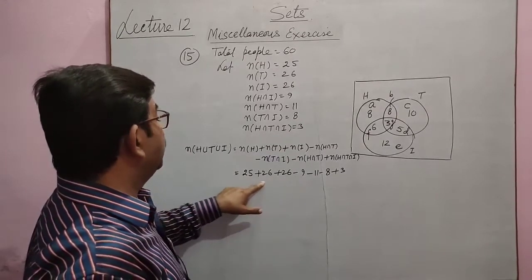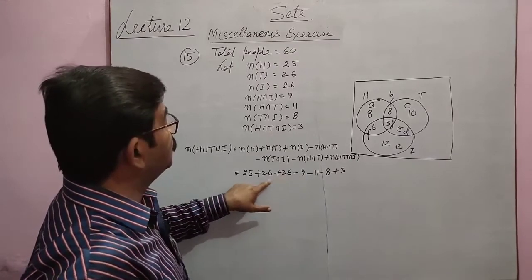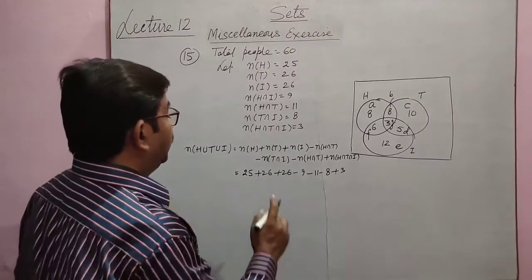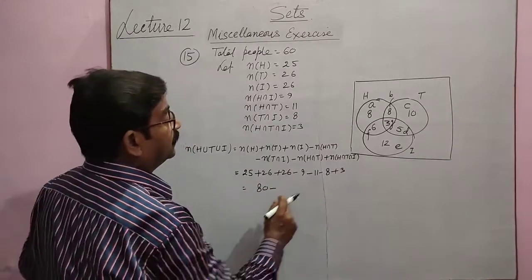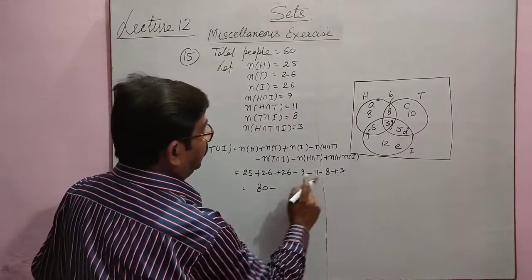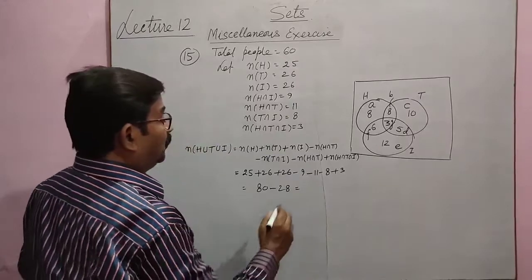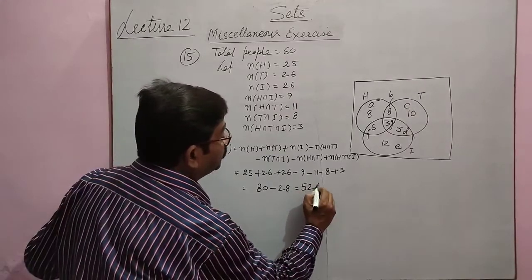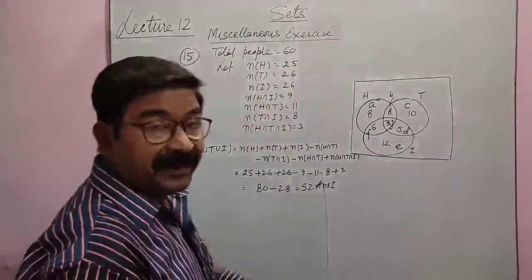I think it is 77. 25, 3 is 75 and 2 this 77 and 3, 80. Minus 11 and 9, 20 and 8, 28. Subtract this. 52 is the answer first. Answer first, by Venn diagram method.